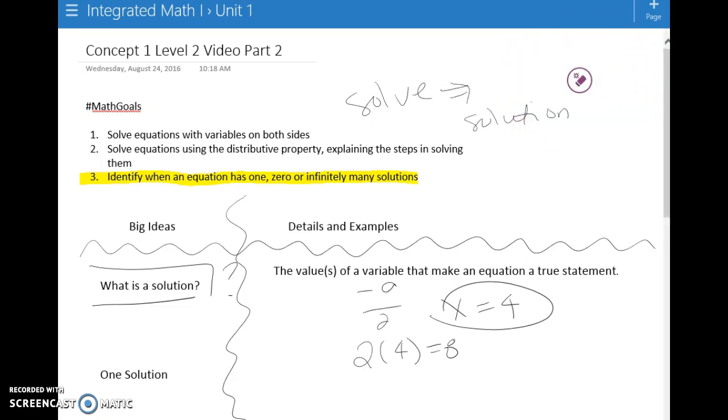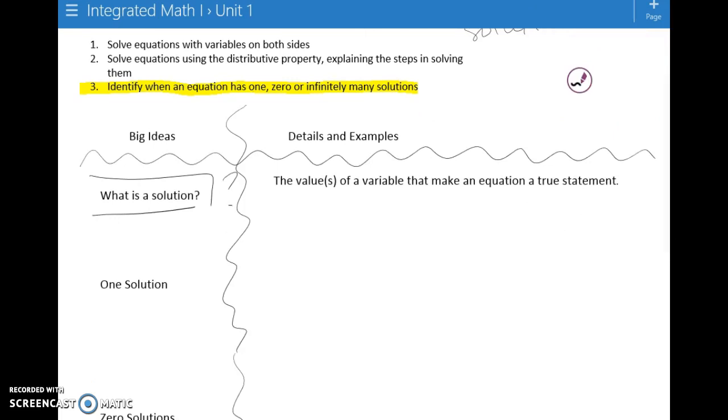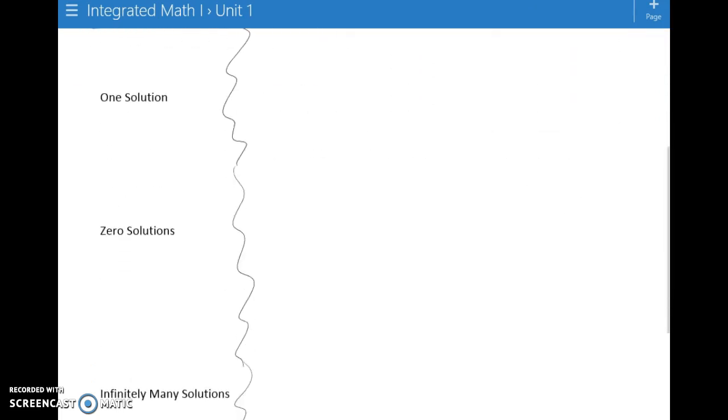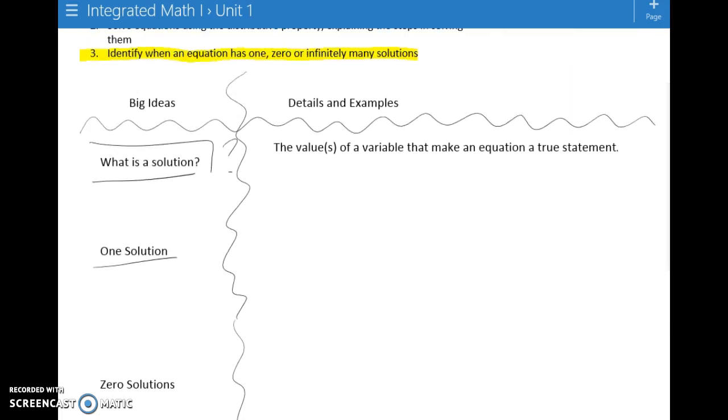All right, so as you notice in your math goals, we learned that an equation can have one solution, zero solutions, or infinitely many. So let's start with what a one solution equation looks like. These should look familiar because all the ones we've dealt with so far have had one solution, one possible answer for the variable that makes the equation true. So we're solving 2x plus 3 equals 7.